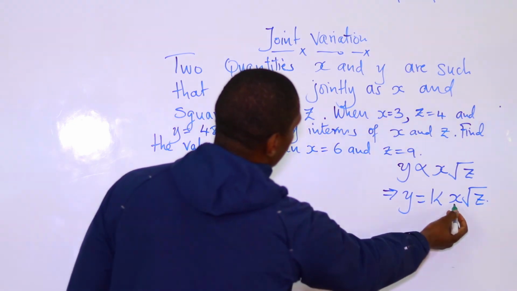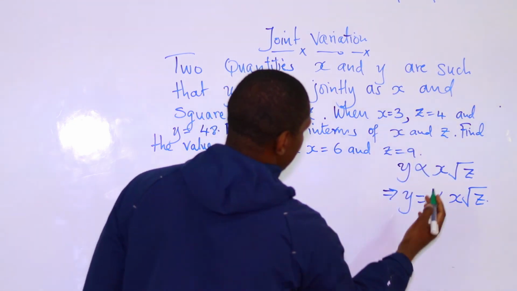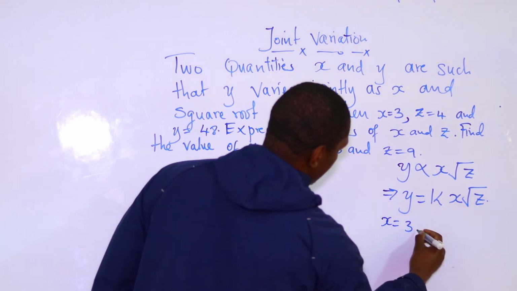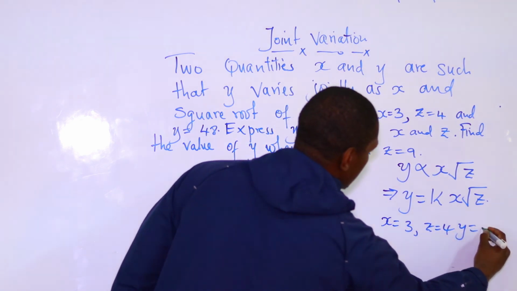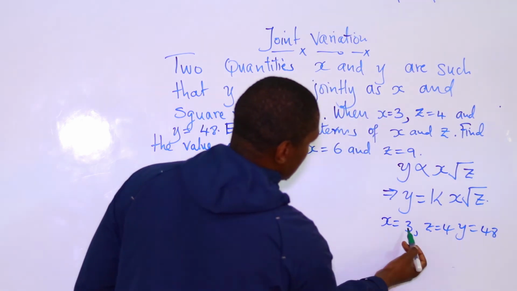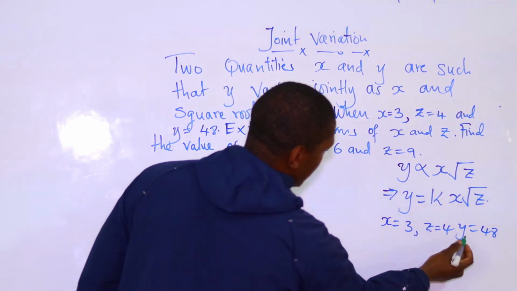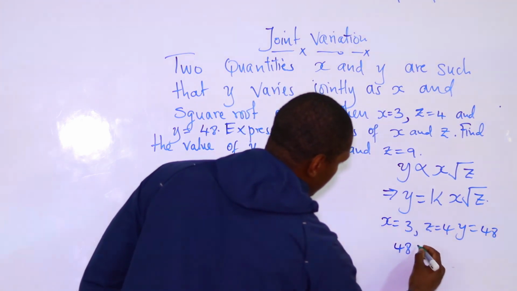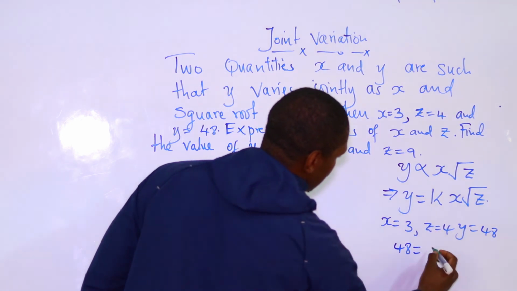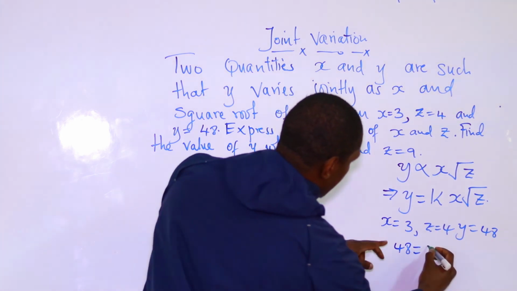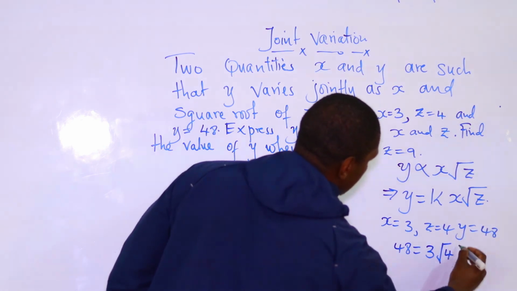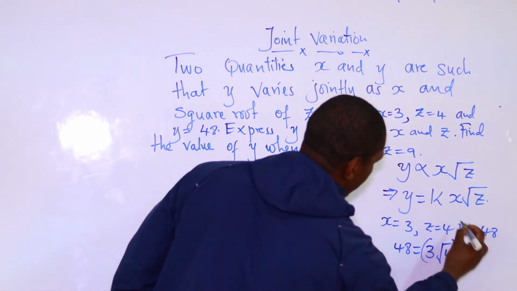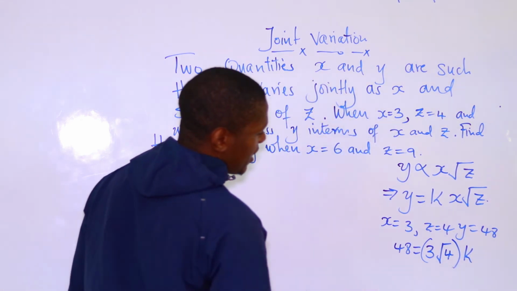So to find the constant of proportionality, we're being told when x is 3, z is 4, and y is equal to 48. Substituting these values in this equation, we have 48 is equal to 3, then root 4, multiplied by our constant of proportionality k.